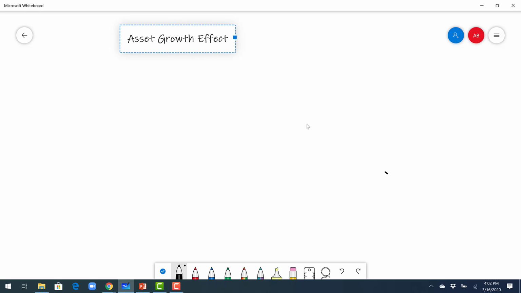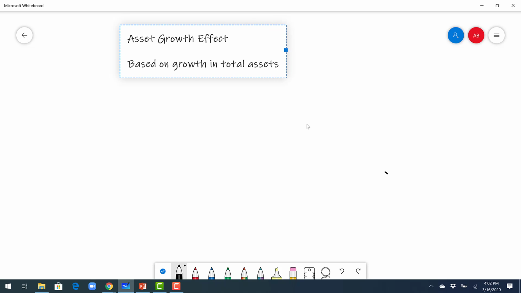And this is based on, let me write this down, growth in total assets. This growth in total assets is in the balance sheet. On the balance sheet, left hand side, total assets equal liabilities plus equity.